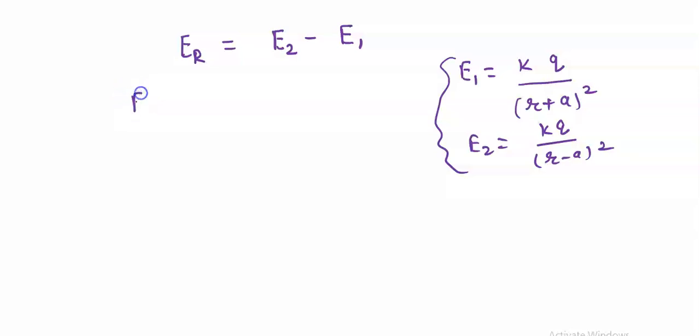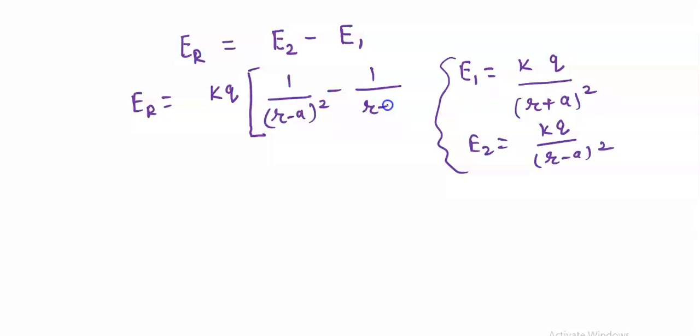So let's find ER now. In order to find ER, we'll substitute it. You see, KQ is common in both, so we can take KQ common. E2 is what? 1 upon R minus A whole square minus 1 upon R plus A whole square. Okay.